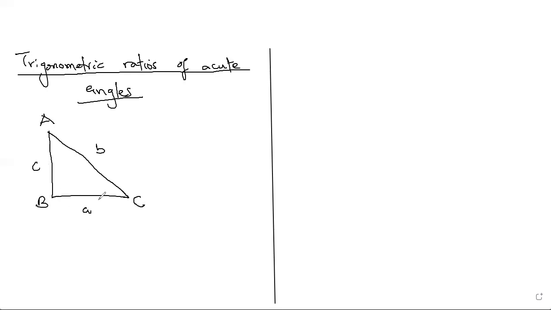It doesn't matter how you label it, but we just have to be consistent. The common trigonometric ratios that we will apply will be sine, cosine, tangent, and the reciprocals of those trigonometric ratios. Depending on what you have, you'd identify which trigonometric ratio to use.